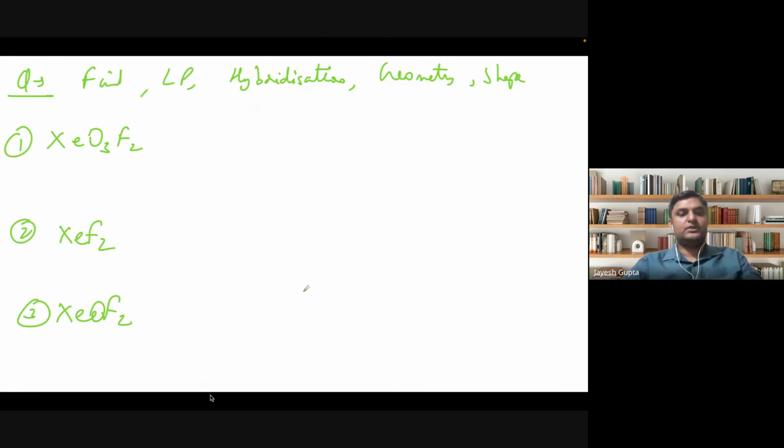Very good. Okay, so let others please listen to what I'm telling you. Here you have to see the total number of sigma bonds and then the total number of lone pairs. Xenon, you already know, has 8 electrons and it will make a double bond with oxygen. So 2 electrons per atom of oxygen will be taken, so 6 electrons are gone with oxygen.